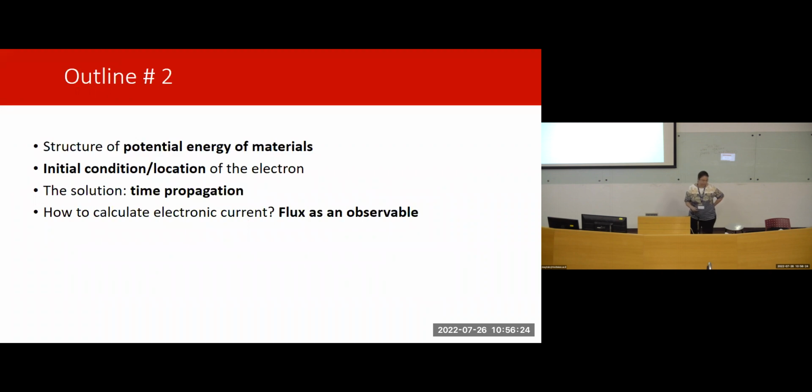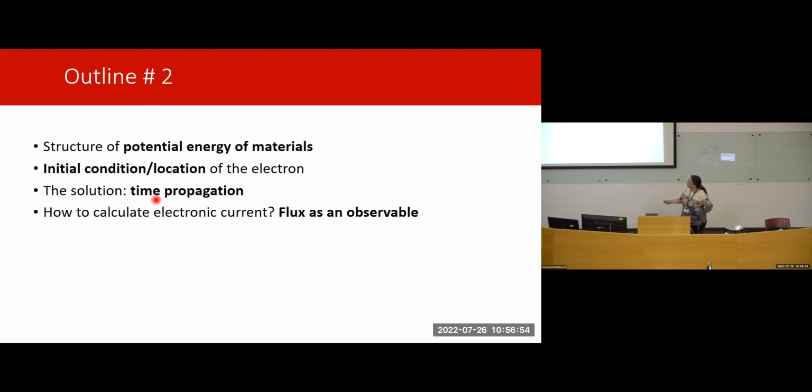And the second part of the talk, I'm not sure how much I'll manage to get into in the rest of the time we have. If not, we'll continue in the computer room before the exercise. But I'd like to go deeper into what the code actually does. And so we will talk about what the potential energy of the material is. This is what you get from your DFT calculations.